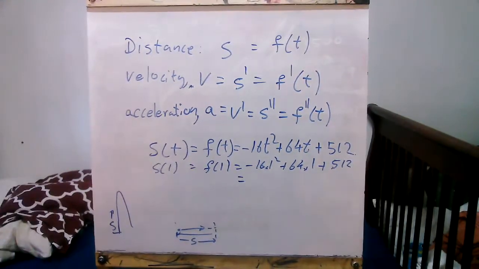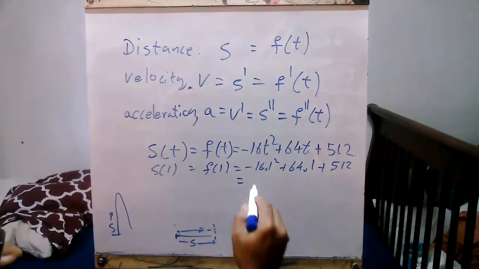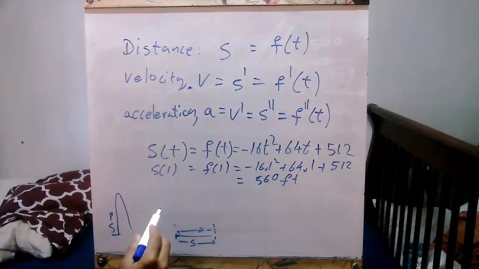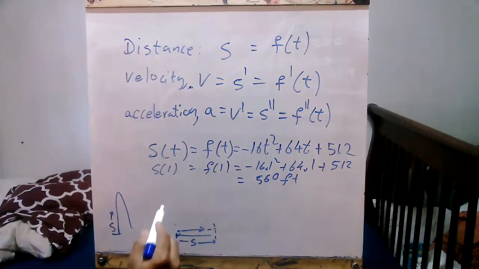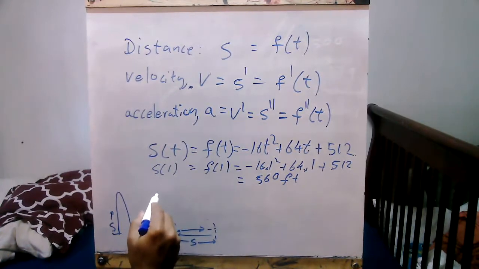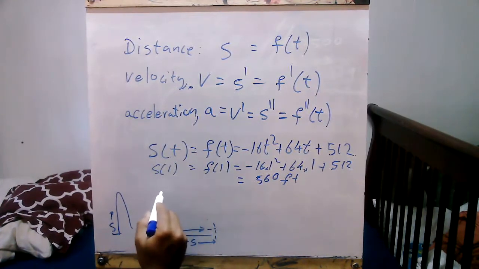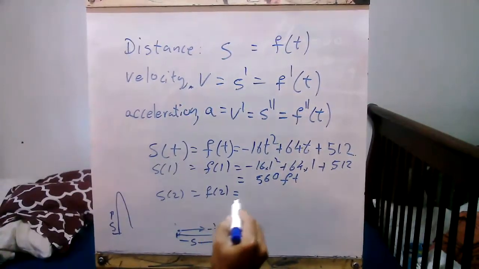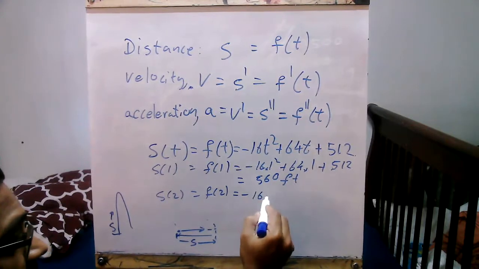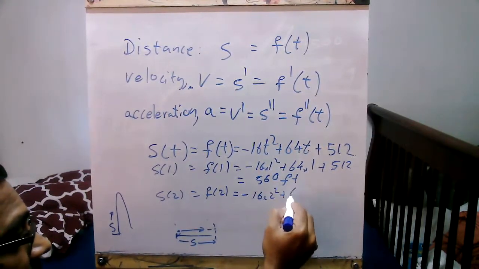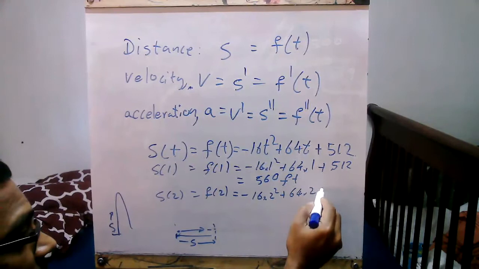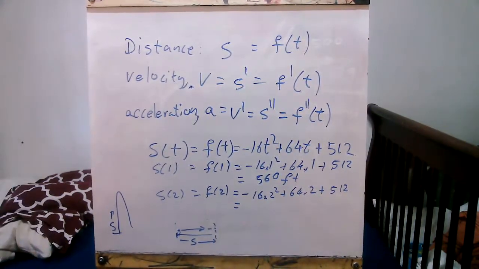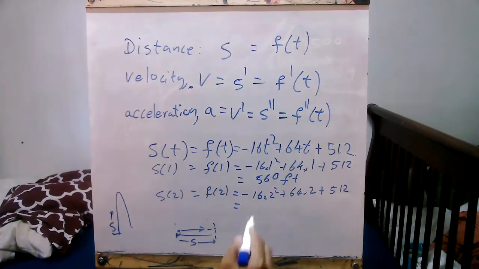This is a number, and I get the number from the book, it is 560. In 2 seconds, S2 equal to F2: negative 16 times 2 square plus 64 times 2 plus 512. This answer I take from the book, it is 576.